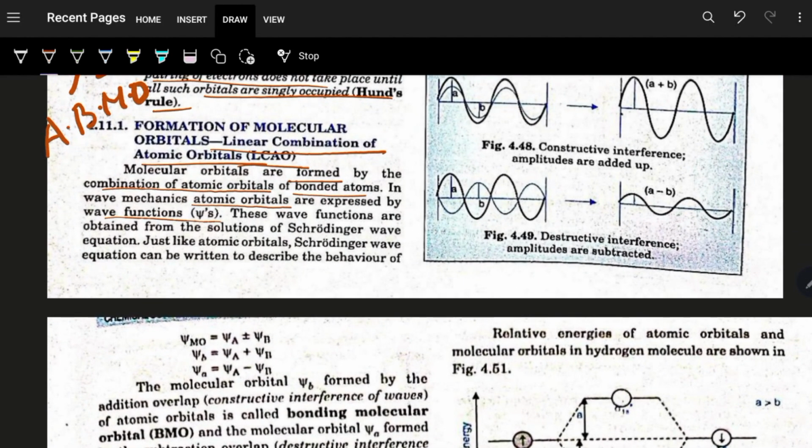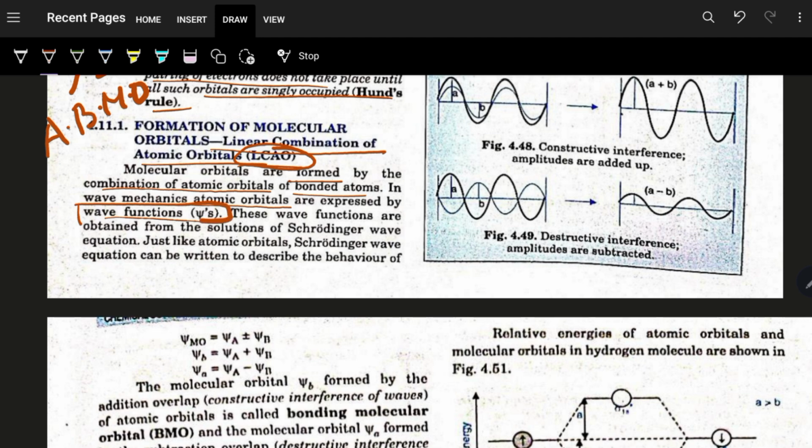Next, formation of the molecular orbital, I have said, takes place as per linear combination of atomic orbitals. What is a linear combination? We need to see that. Now, as per wave mechanics, the atomic orbitals are expressed as wave function psi.